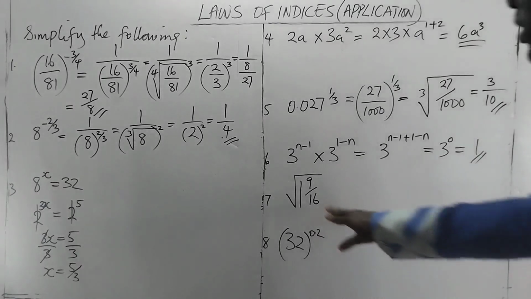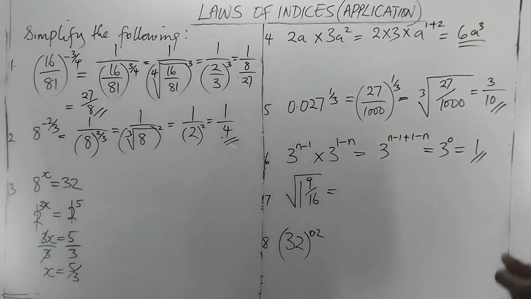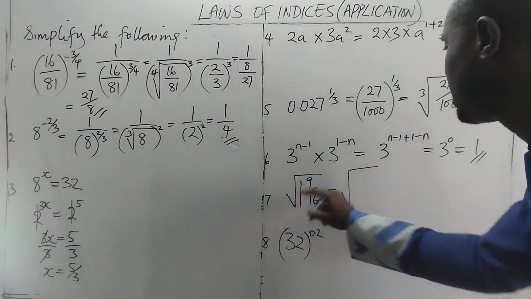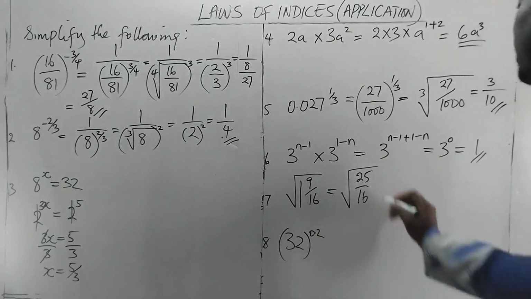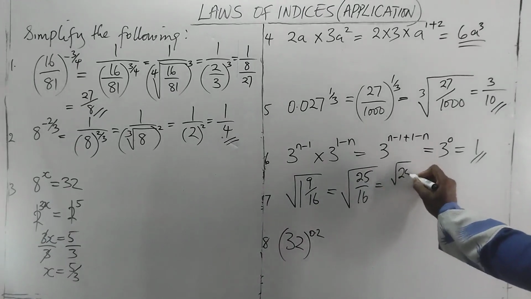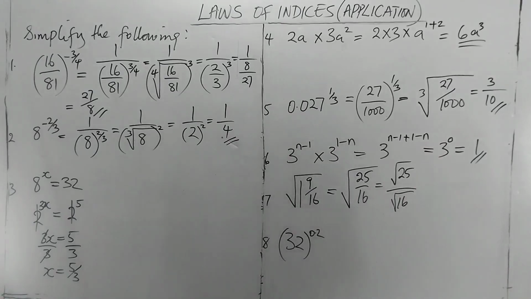For the 7th question, anytime you're asked to find the square root of a mixed fraction, first of all, change it to improper fraction. So changing it to improper fraction will give us 16 times 1, 16 plus 9, 25 over 16. And this is the same thing as writing root 25 over root 16.